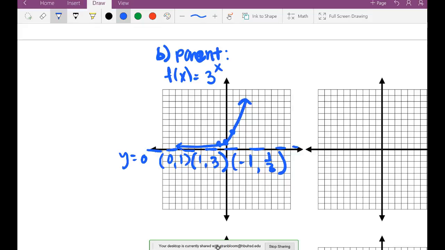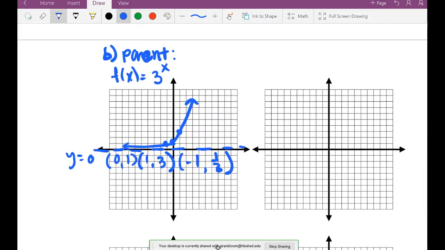Okay. Equation number 2. Y equals. Christine, what do you think equation number 2 is? Good. F of x, which is y, equals 3 to the power of x divided by 2. Class, is this equivalent to 3 to the power of half x?